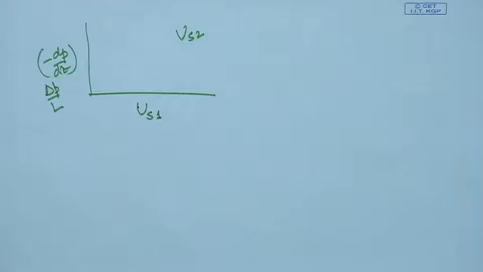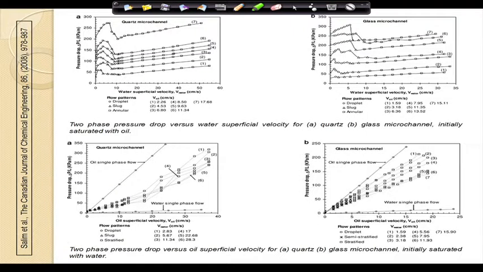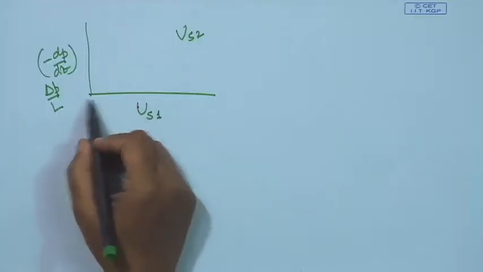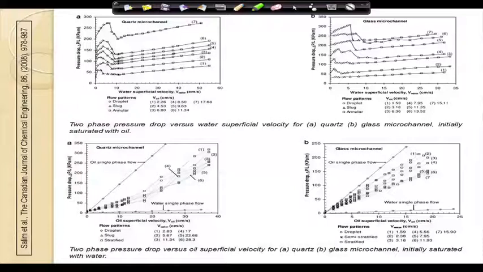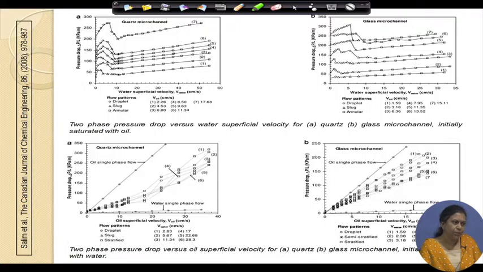Usually we take the continuous phase velocity or the dispersed phase velocity as the axis and the other velocity as the parameter, and this is the conventional way of depicting the pressure drop variation with input parameters.